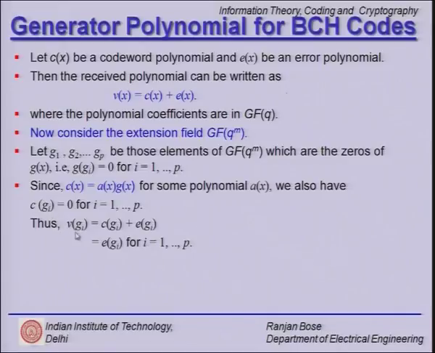Therefore, the received new gi is nothing but cgi plus egi, but cgi is 0, so it is nothing but egi, very similar to the syndrome version that we did even for linear block codes and cyclic codes.